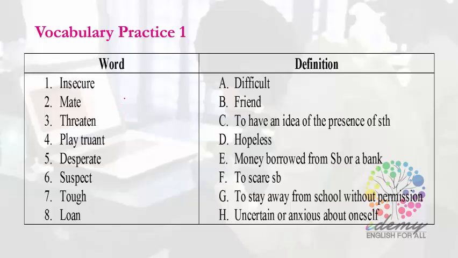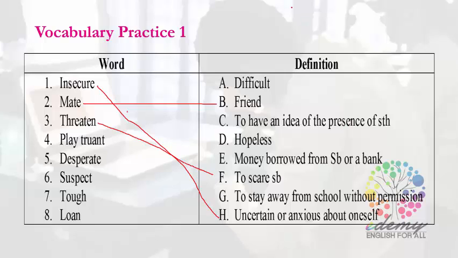Now let us check the answers. The first word, insecure: it means not confident, so the answer is H. Number 2, mate, means friend. Number 3, threaten: match with F, scare somebody.